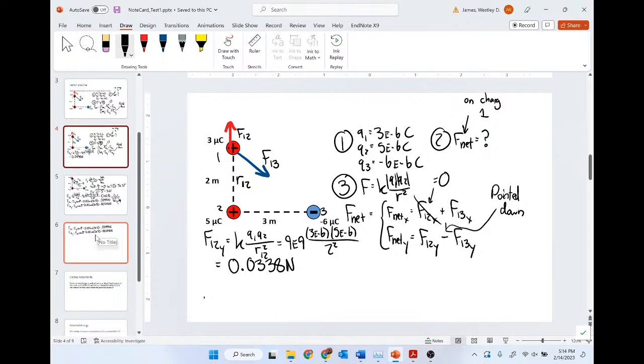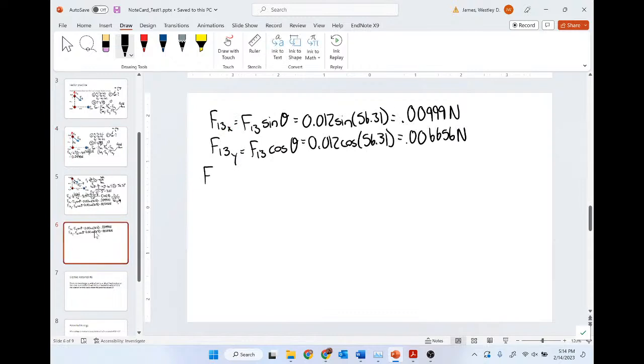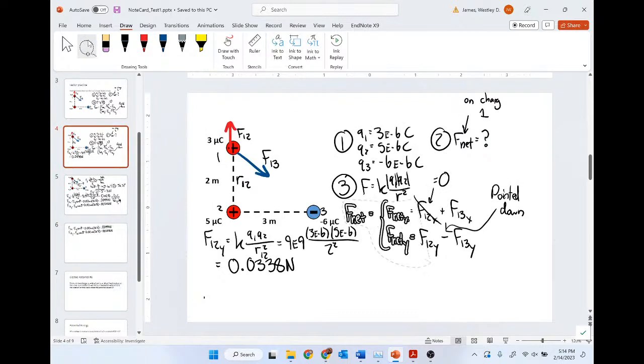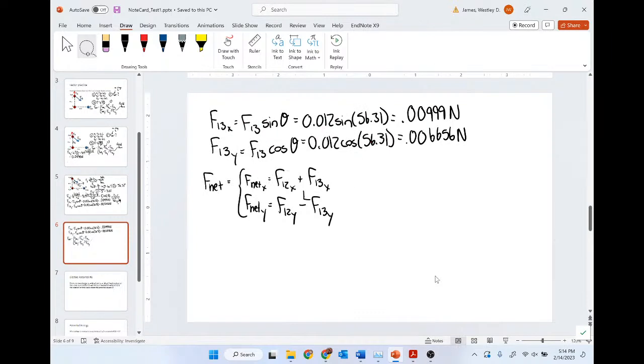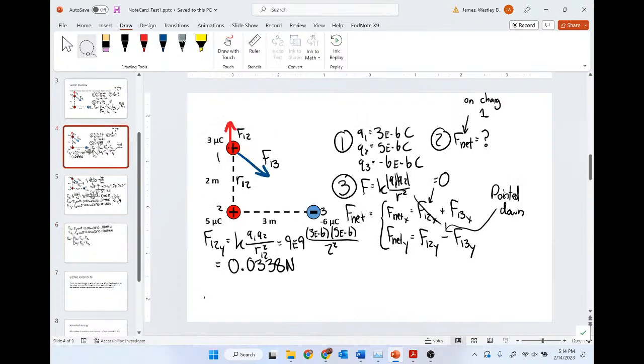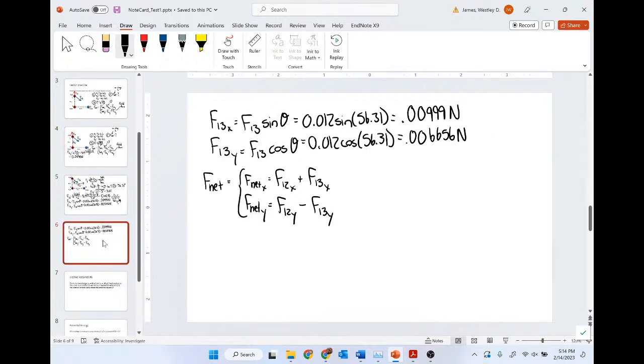All right, so Fnet x equals... We already wrote this. In fact, I'm going to steal it from my other one so I don't have to rewrite it again. All right, so plug and chug. Let's grab the other one as well. F12y equals 0.0338. F12x didn't exist. So F2net x equals 0.00999.